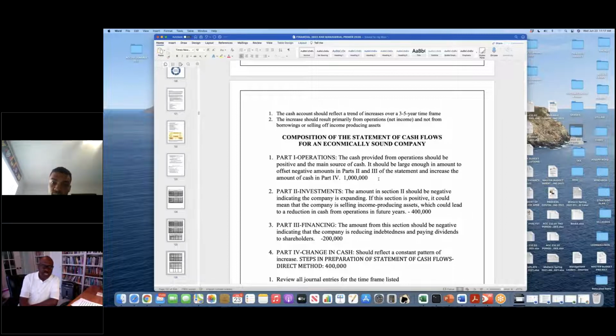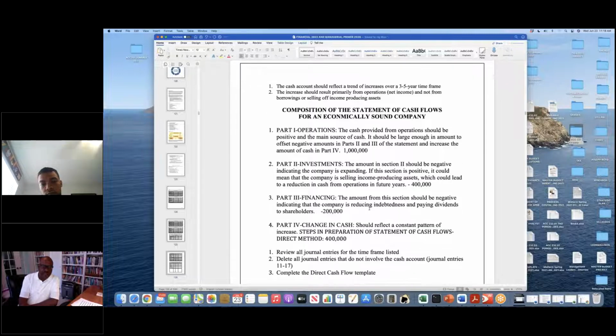So if we are Macy's, we want our cash to be coming from the sale of clothes. We want to be opening more stores, and so investments should be negative. Then we want to be paying off debt and still have cash left over.